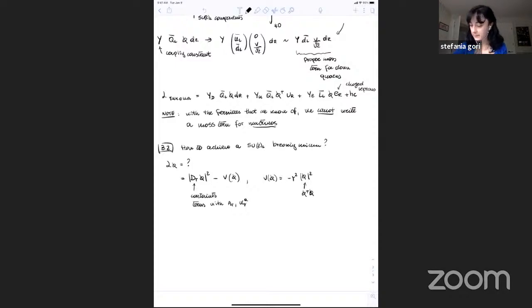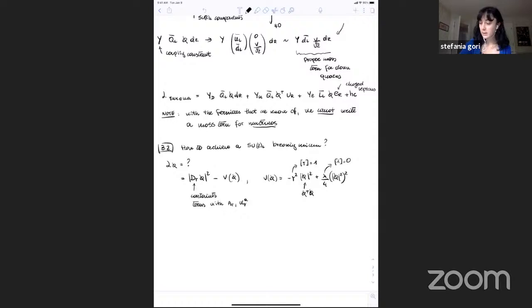In terms of dimensions, mu has a mass dimension equal to 1. But this is actually not the full story, because I can also add a quartic interaction of this type, where this lambda is a dimensionless coupling.